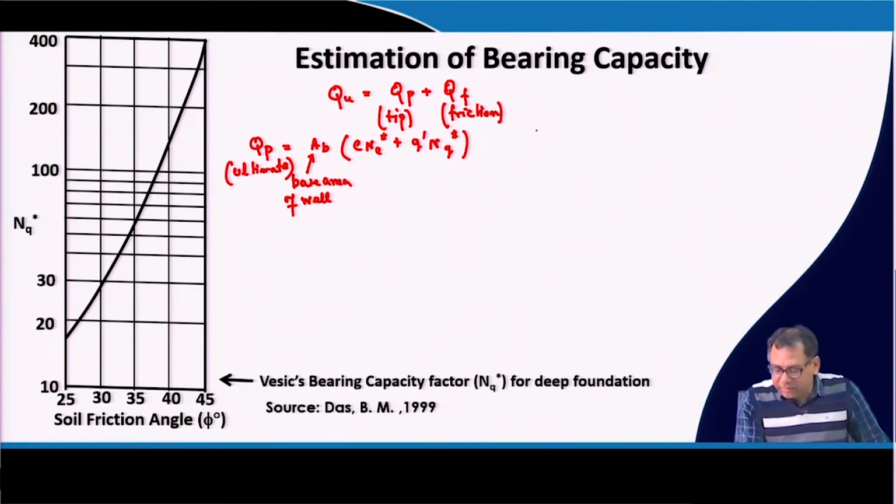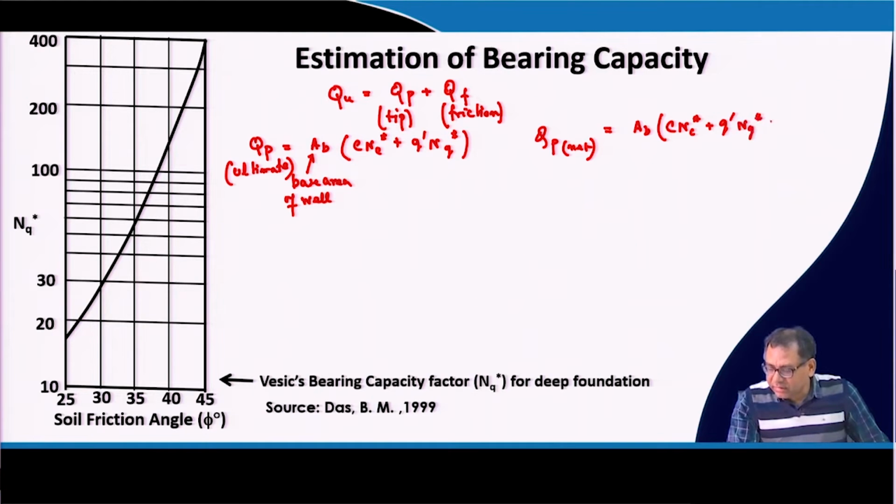Now, if I want to determine the QP net or net ultimate, then that will be again AB C N C dash plus Q dash, the effective overburden pressure, minus Q dash, that will give us the net.